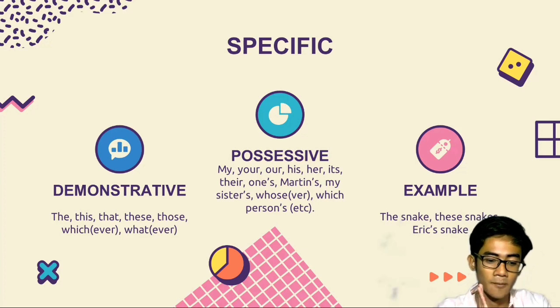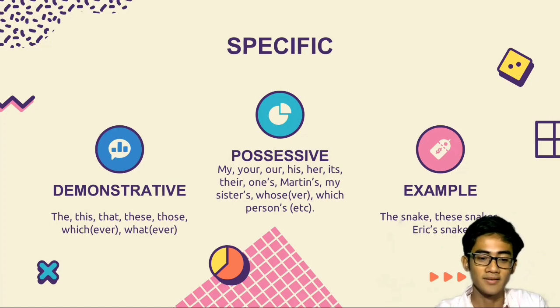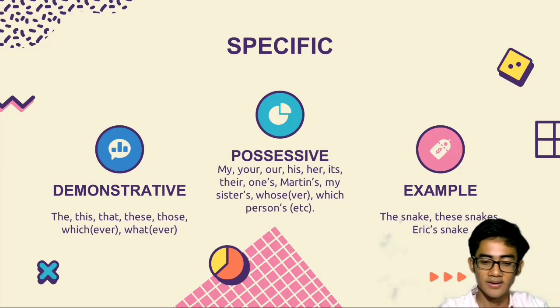The thing, for example the snake, indicates that the snake is a singular subject. But if we use possessive, my snake, then the deictic will shift into the possessive type. For example, the snake, Eric's snake.